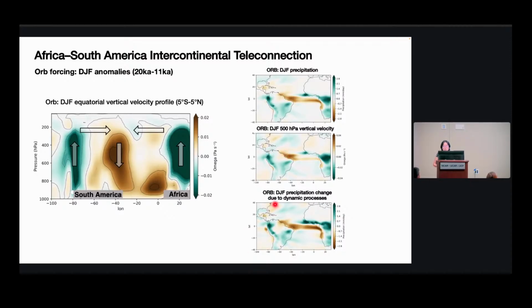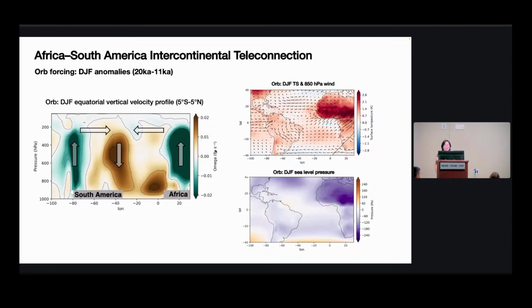And our moisture budget analysis suggests that the precipitation pattern is largely related to dynamical processes. So the agreement between the precipitation pattern, the vertical velocity, and the moisture budget analysis suggests that the precipitation pattern is strongly linked to the large-scale Walker circulation anomalies over the tropical Atlantic.